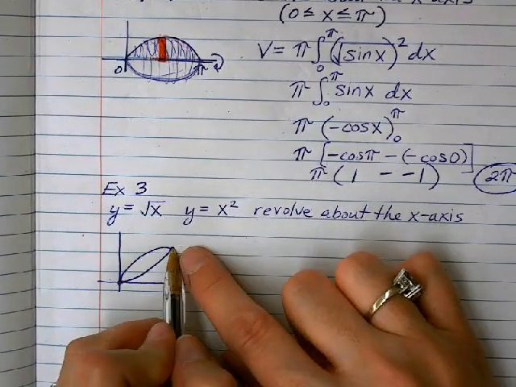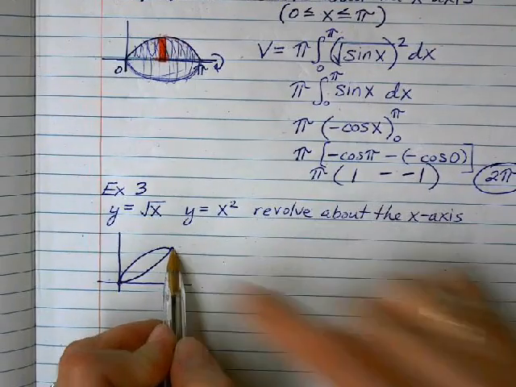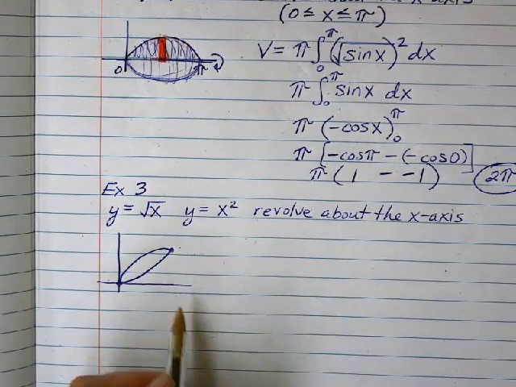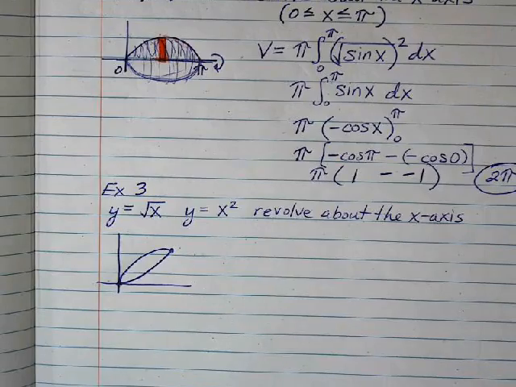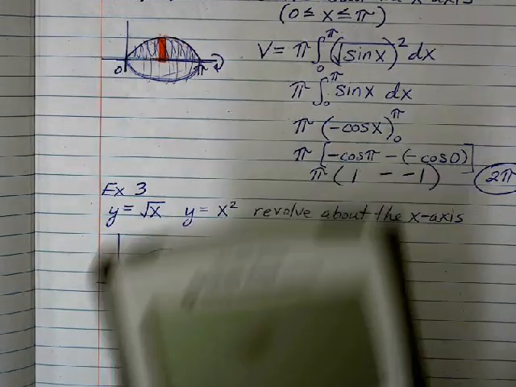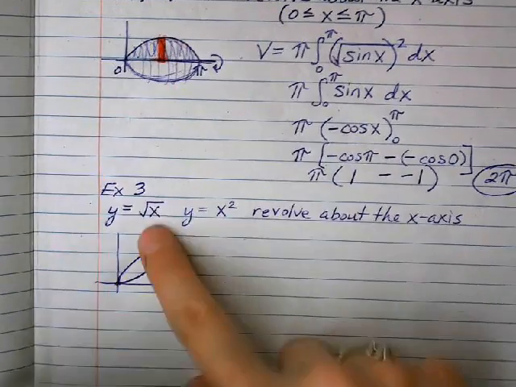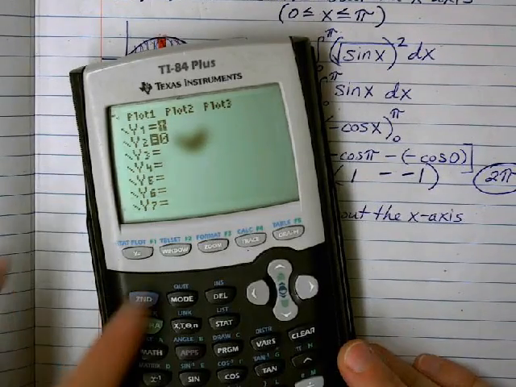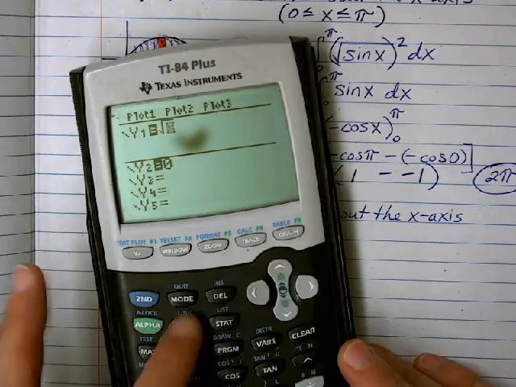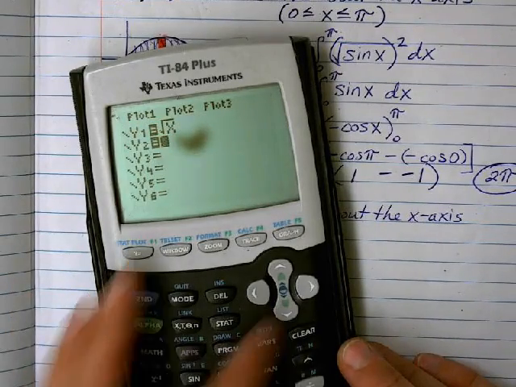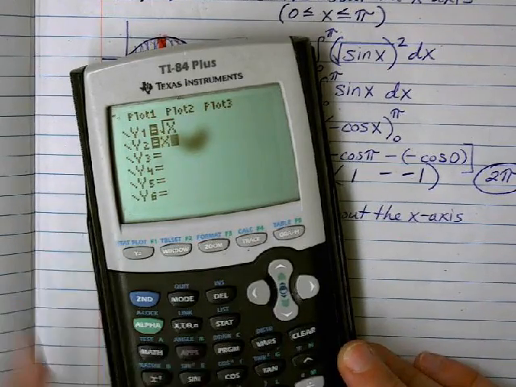Well, on a graphing calculator you can do that, or on Desmos. If I'm on a graphing calculator, I can show you. I would type these in: y equals square root of x, and then this one's x squared. Okay, so I can graph these two things.